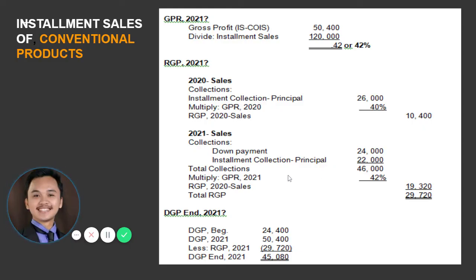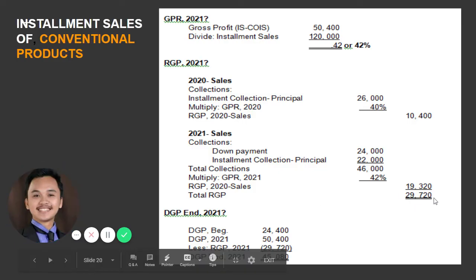And then we also have our cash collection for our 2021 sales for a total of 46,000 multiply to its own GPR nga 42%. So therefore, we have realized gross profit for our 2021 sales. Forgive me, this is 2021, not 2020, of 19,320. So therefore, we have a total realized gross profit nga 29,720 for 2021.